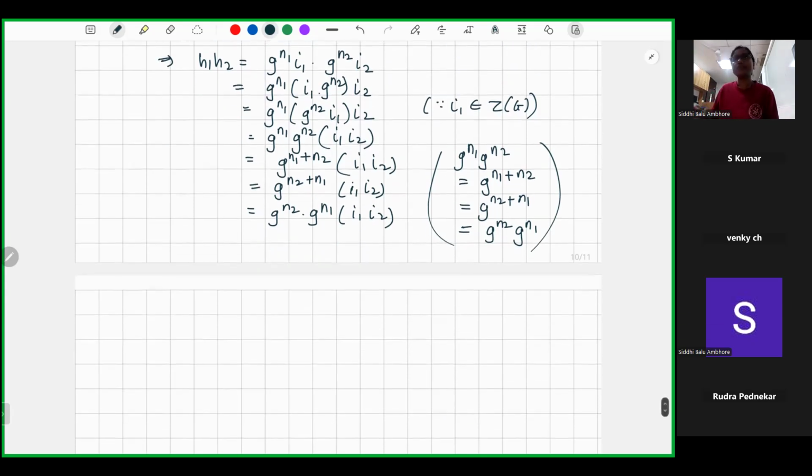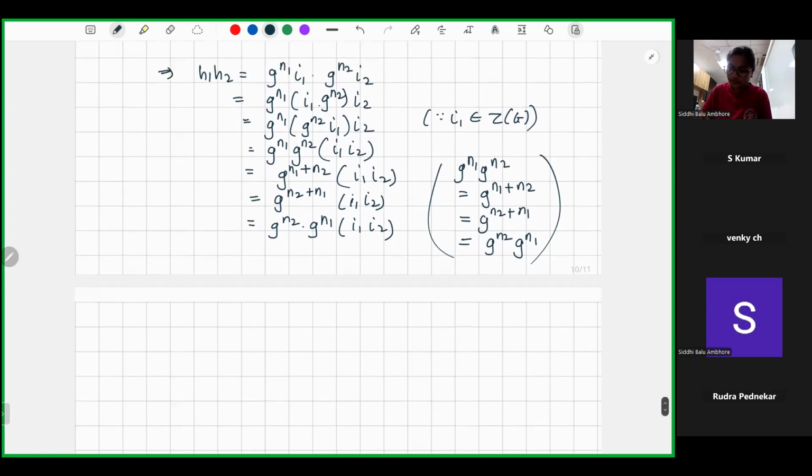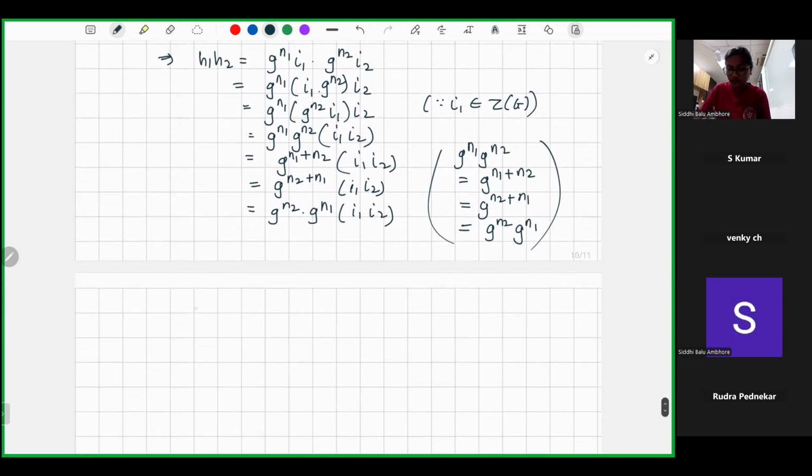And now let us try to express this further. So far we have this H1 H2 is equal to G power N2 G power N1 I1 I2.